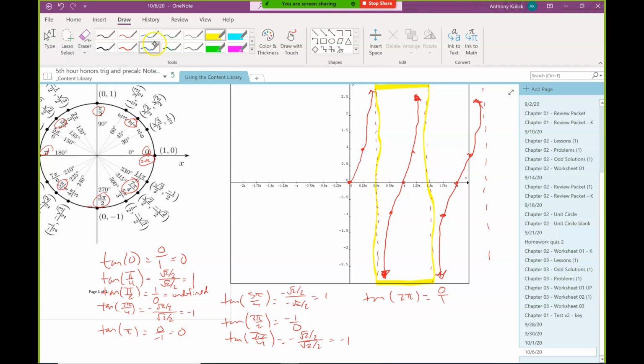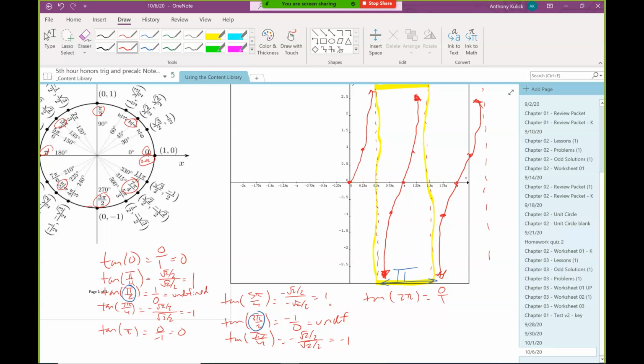So this is one period, right? And you'll notice that that's pi long. The distance from pi over 2 to 3 pi over 2 is pi. Should have probably written undefined there. Everybody see that?